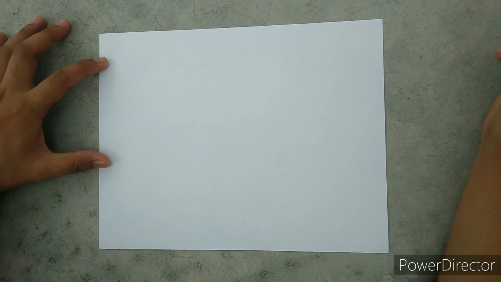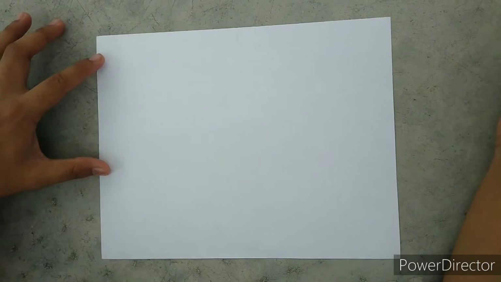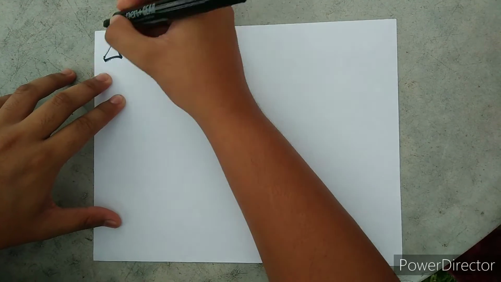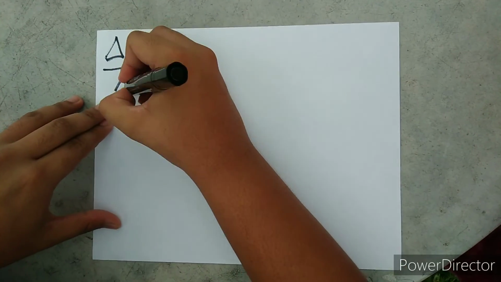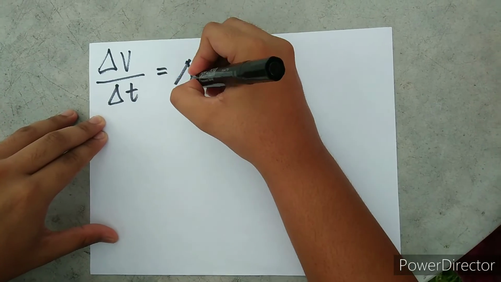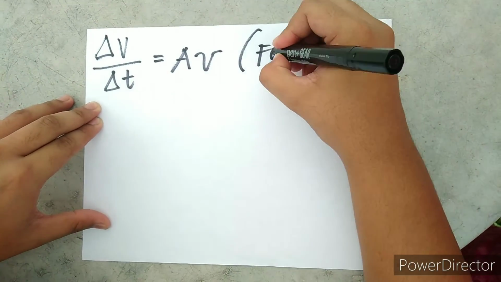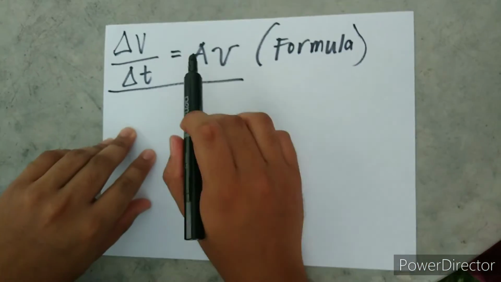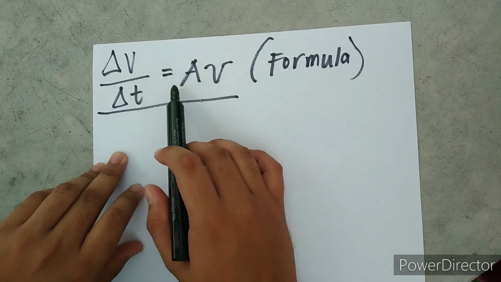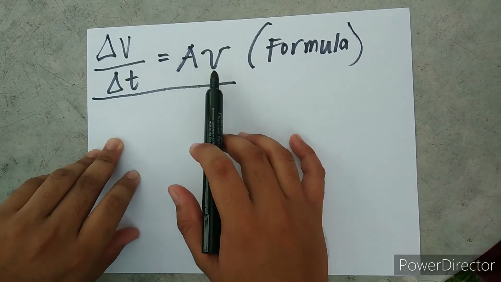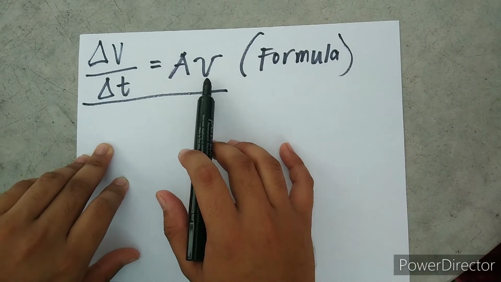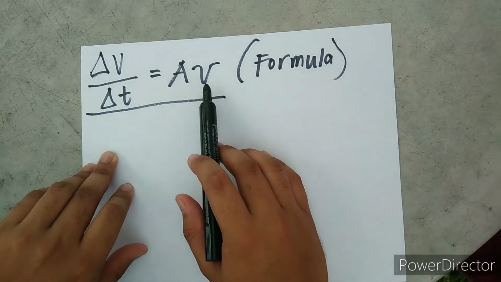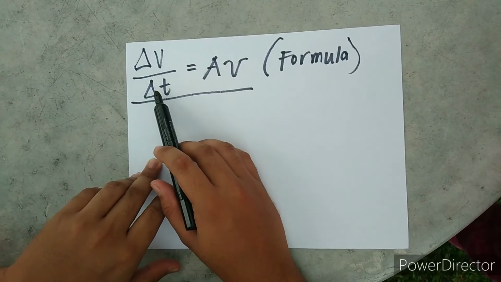So now let us solve the sample problem that I gave earlier. This is the formula that we will use. Volume flow rate is equal to cross-sectional area multiplied by the speed of the fluid. This symbol is the cross-sectional area, while this is the speed of the fluid, and this is the volume flow rate.